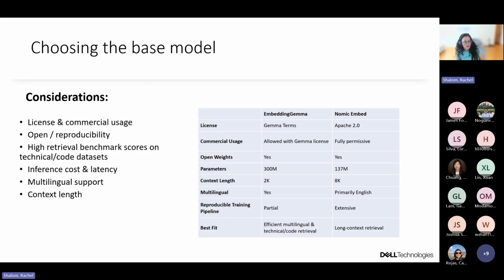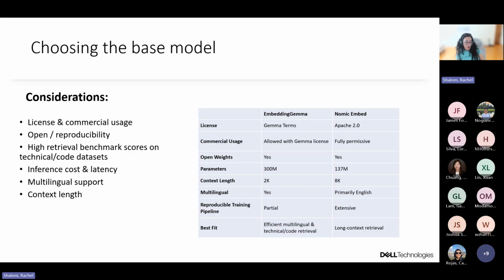So how do you choose the base model? When you work in an enterprise environment, the first thing you do is, of course, look at license and commercial use. If the legal team of Dell doesn't approve it, we can't do anything with it. So you cannot choose any model without the right legal approval. That's the first thing. The second thing we look at is how open or how reproducible that work is.